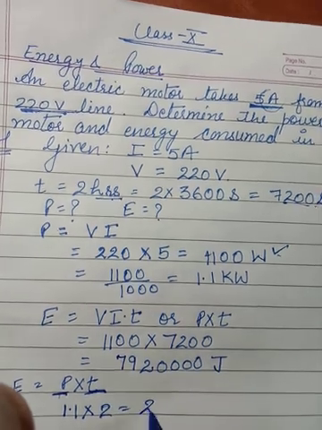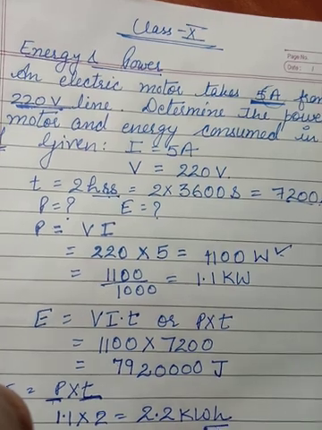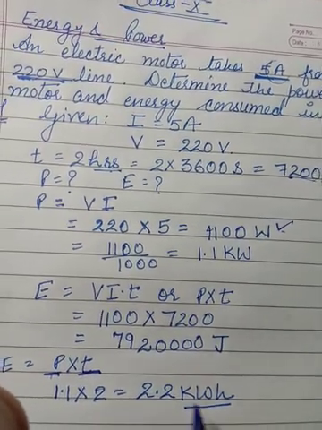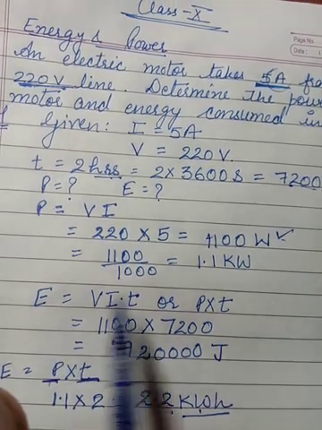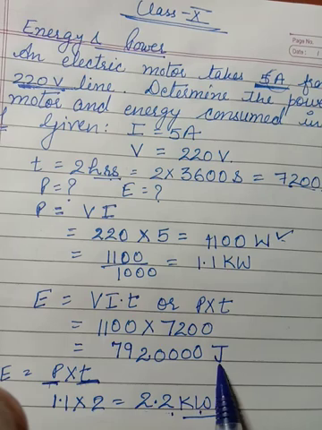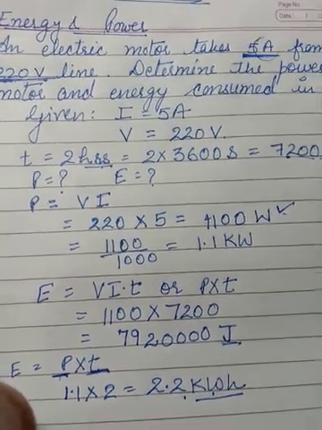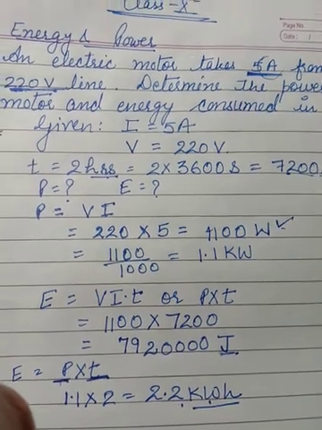It comes out to be 2.2 kilowatt hour. This is the commercial unit of energy. If we want it in kilowatt hour then it is 2.2 kilowatt hour, and if we want it in joules, in SI units, then the previous value is the answer. That is how we can find out energy or power from the given values.